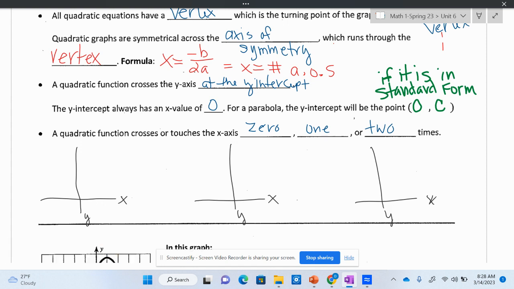That's what our graphing axes look like. So you're going to make 3 T's, 3 cross lines. Space them out like that. And we're going to draw examples of what it means that a quadratic function crosses or touches the x-axis 0, 1, or 2 times, so you know what it's talking about.